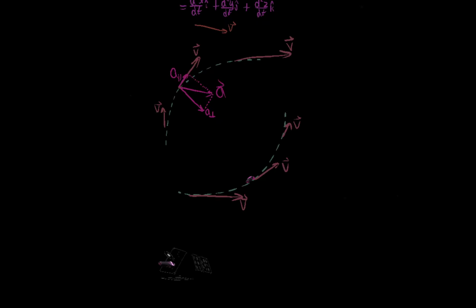So the perpendicular component must be this way to be curving the path. So there's some perpendicular component to acceleration that way. But now we're slowing down. So the acceleration is going to be in the opposite direction from our velocity. So instead of contributing to larger and larger velocity as we go on, the parallel component of our acceleration must be in the reverse direction of the velocity.